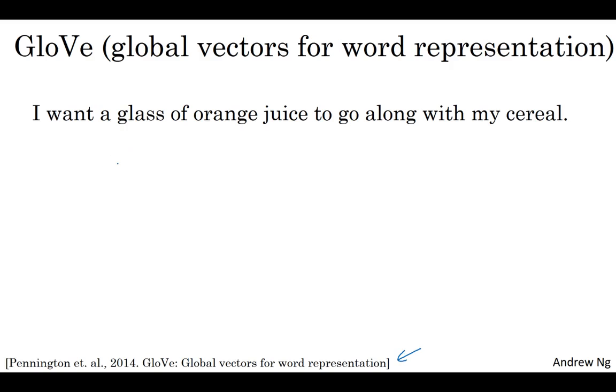So previously, we were sampling pairs of words, context and target words, by picking two words that appear in close proximity to each other in our text corpus. What the GloVe algorithm does is it starts off just by making that explicit. Let X_ij be the number of times that a word i appears in the context of j.